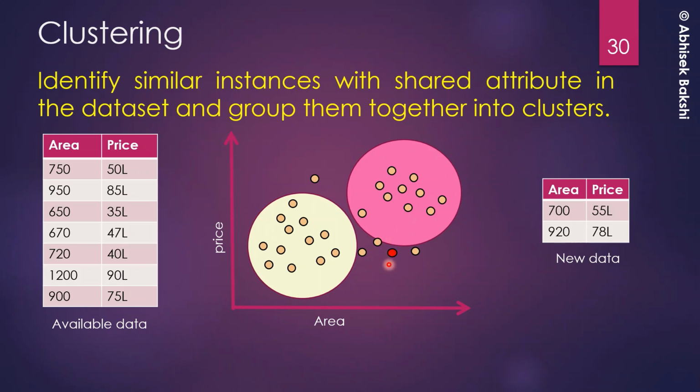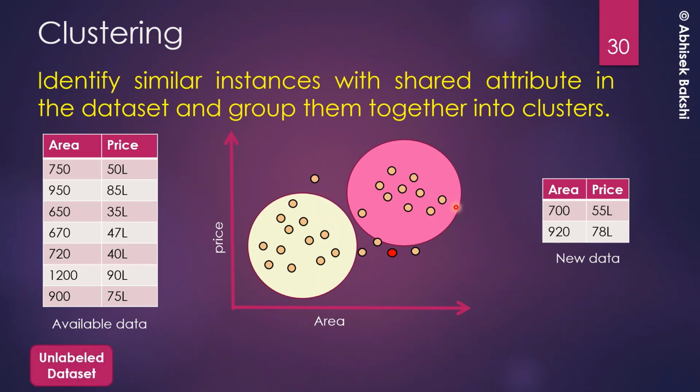For example, assume the distance between the pink cluster's center and this red point is less than the distance between the white cluster's center and this red point. Naturally, I will assume that this red point is following a similar pattern to all the points present within this cluster.